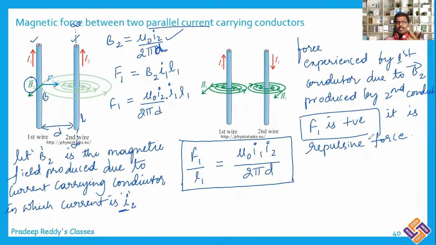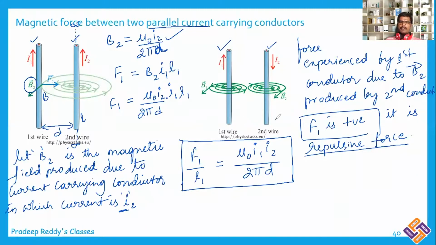In both the cases, the current carrying conductors carry current in the same direction. Therefore, the magnetic fields due to the first one and the second one are both in the same directions. That's the reason why they will experience a repulsive force. Remember that. Likewise, suppose in this case the current is I1, in this case the current is I2.